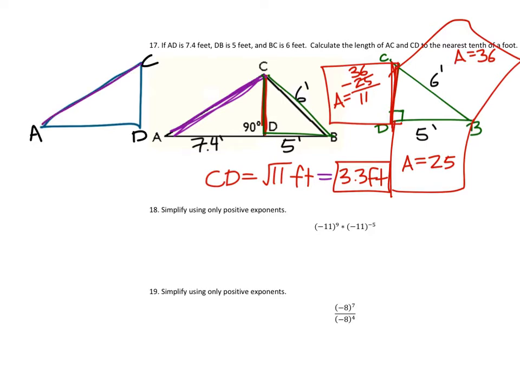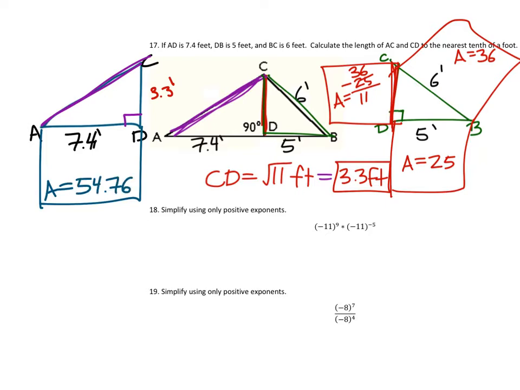The length we want on this one is the hypotenuse, which is opposite the right angle. We already know the length of AD was 7.4 feet, and right now we have the length of CD at 3.3 feet. Once again, if we square these, this square's area is 7.4 times 7.4, so that area would be 54.76.